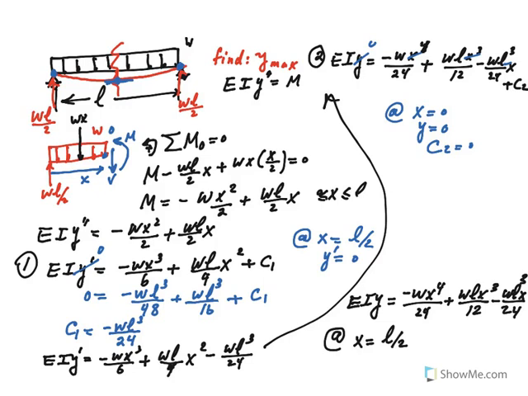I should have done this before I started making this video. But anyways, y becomes 1/EI times, I believe, 5WL⁴/384. You can check on that, but I'm pretty sure that's what's going to be the outcome when you put L/2 in place of x.